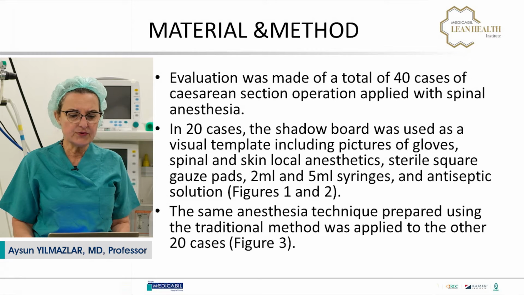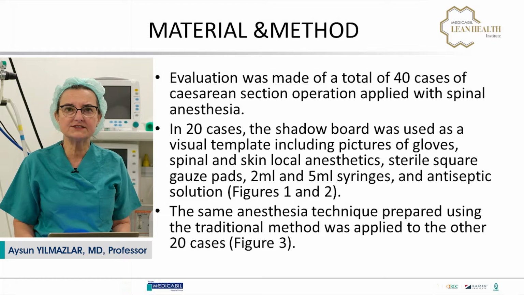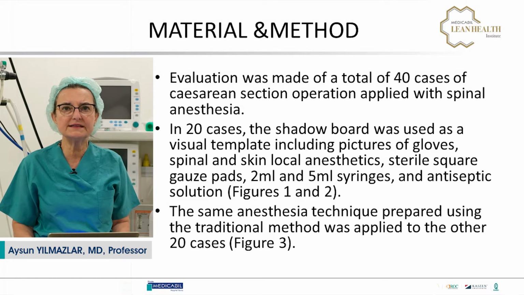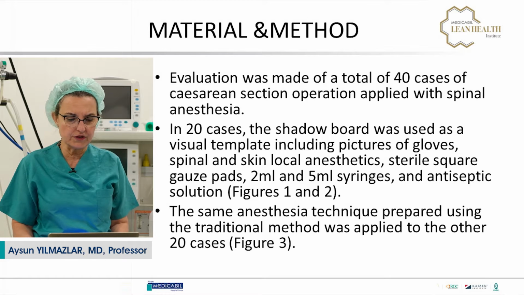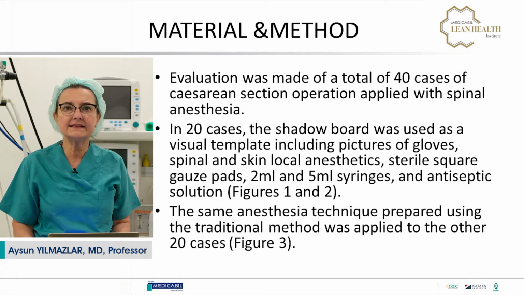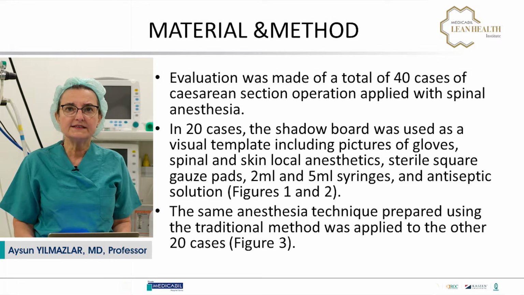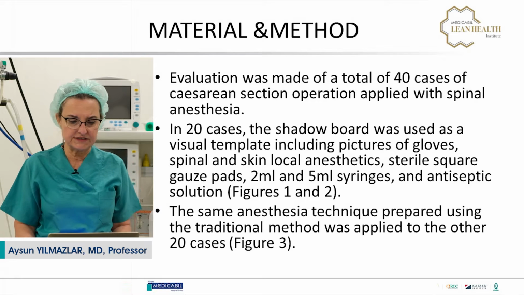In this study, we evaluated a total of 40 cases of cesarean section operation applied with spinal anesthesia. In 20 cases, the shadow board was used as a visual template including pictures of gloves, spinal and skin local anesthetics, sterile square gauze pads, 2 and 5 ml syringes, and antiseptic solutions.